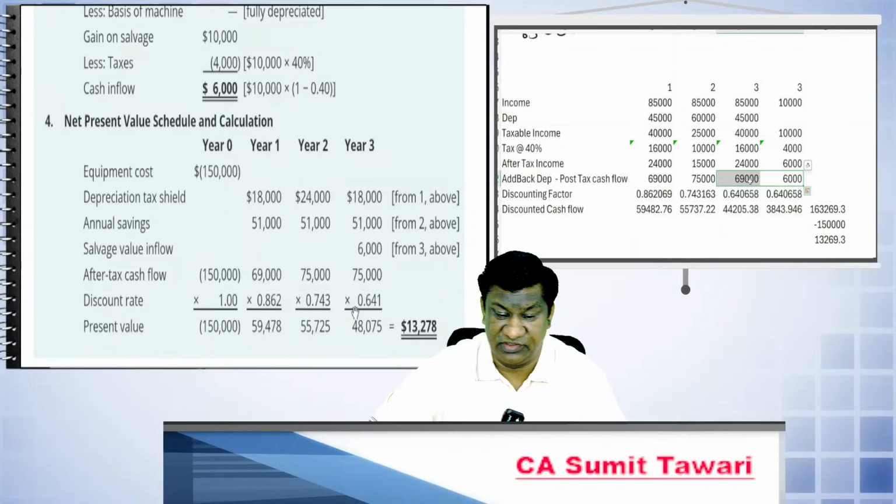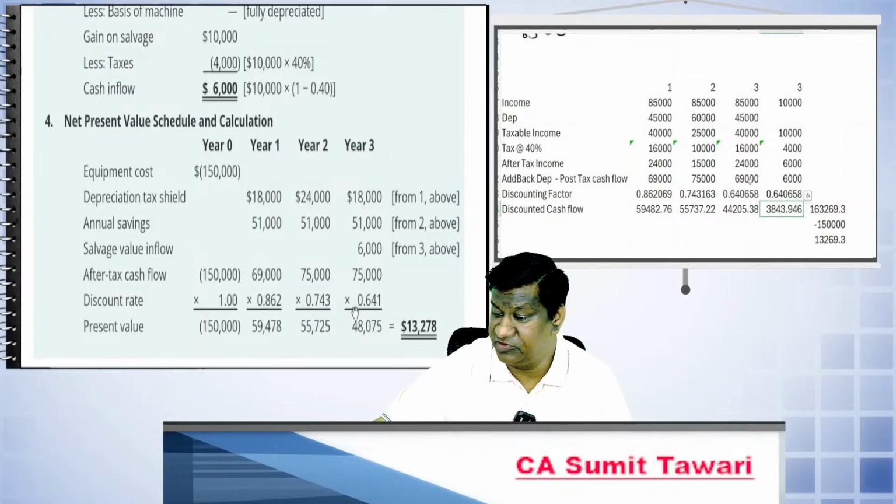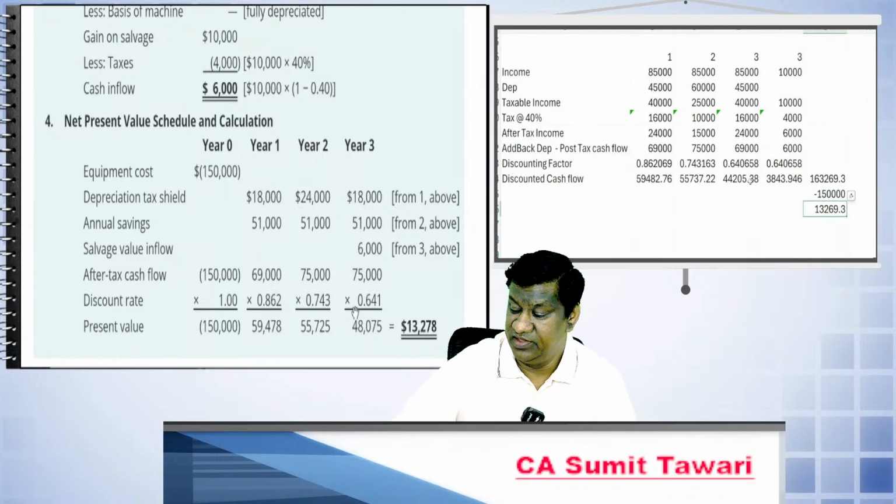So it is 75,000 on third year. Okay, and then we need to apply the discounting factor. So it is mainly because of rounding off. Okay, so it is 55732, 44205, and this way we need to calculate, and then we need to deduct the initial investment. So whatever may be, this is my net cash value, net present value.